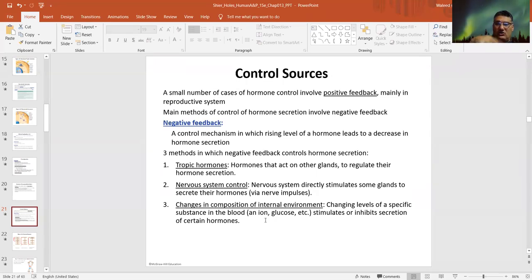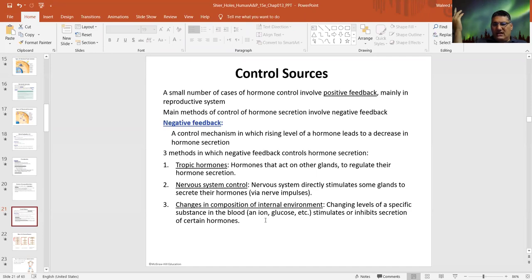If the glucose level goes down too much, it will go to the pancreas and say, enough insulin, I'm going down. Or the other way around, if the pancreas is secreting glucagon, which is the antagonist for insulin, increasing glucose, glucose itself will increase, so the composition is changing, which means the blood does not have the same amount of glucose. The composition is different now. And the effect of that is it's going to inhibit the action of the pancreas.